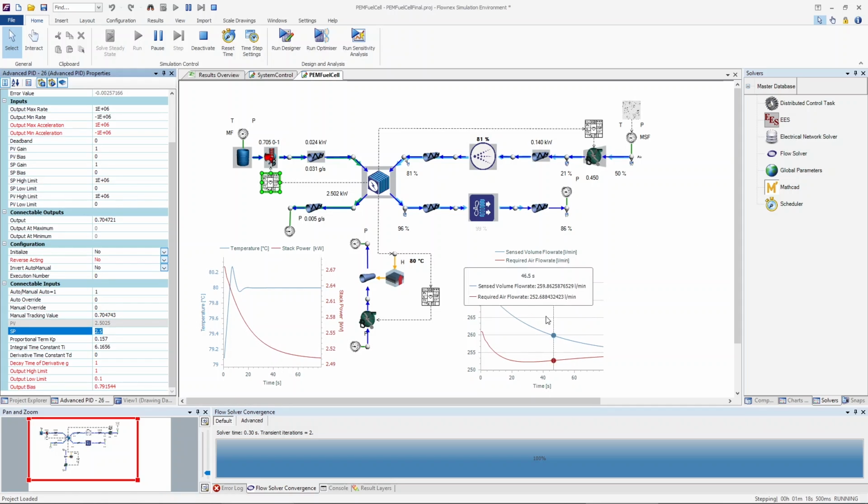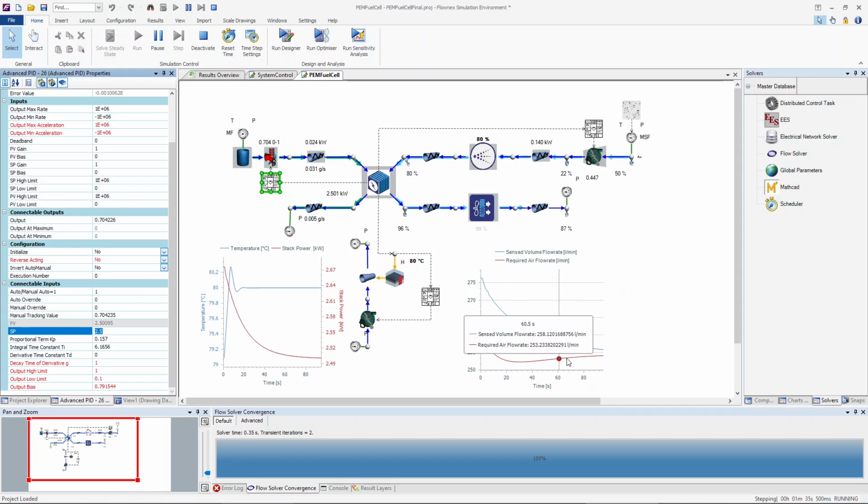Here on the right hand side we can see this compares the sensed volume flow rate of the air and then the required airflow rate, and you can see that it is converging to become similar, as would be expected. So then we can change the required power that this fuel cell needs to deliver, and the fuel cell will start to change according to that requirement.